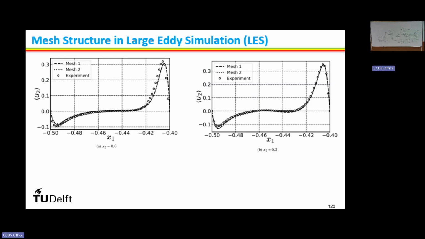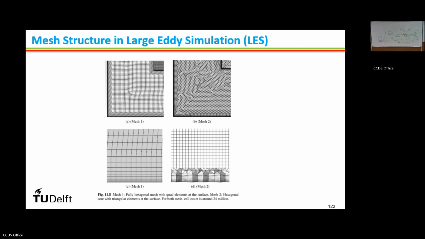We did the experiment and matched our experimental result. This is our in-house experimental result with the LES data, right? This is mesh 1 and mesh 2, different kinds of mesh structure we tested. Then this was computed using Code Saturn.